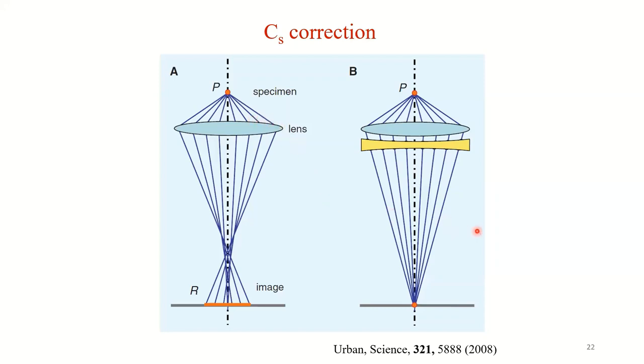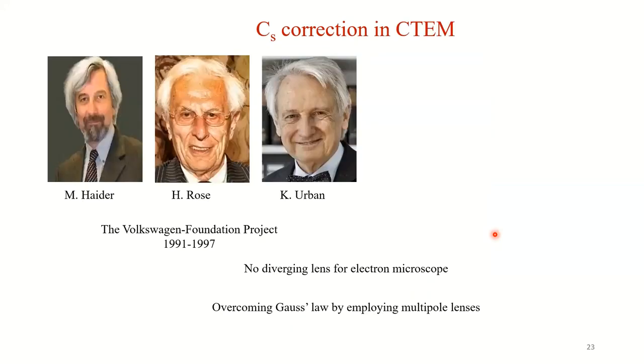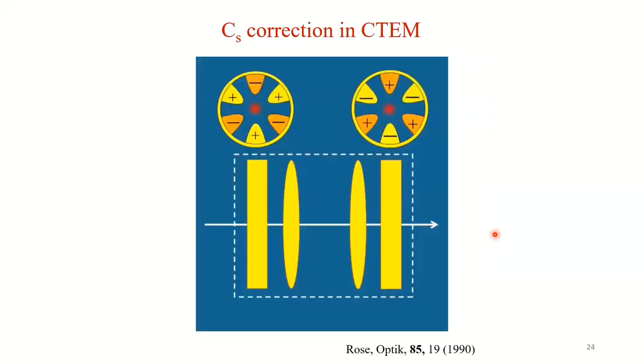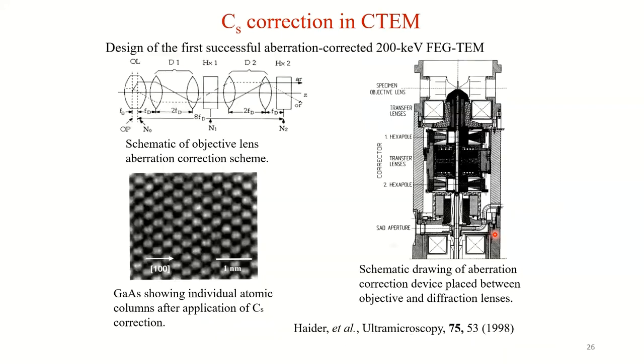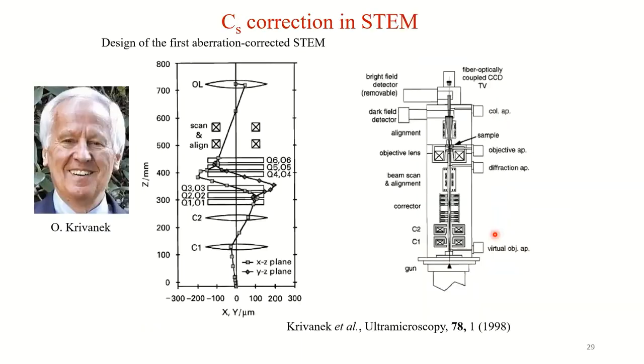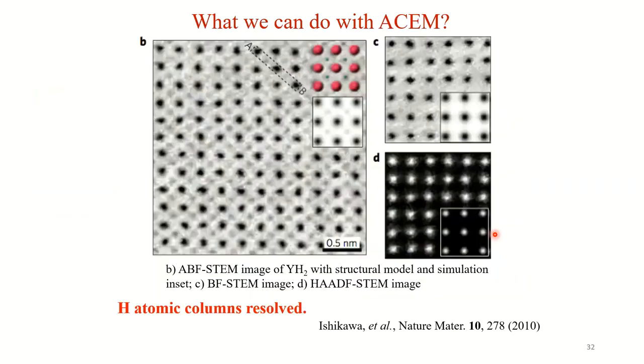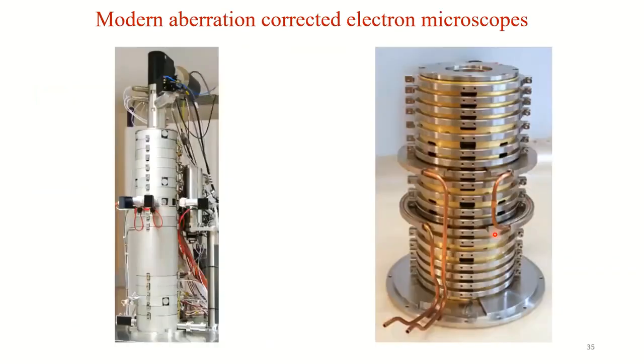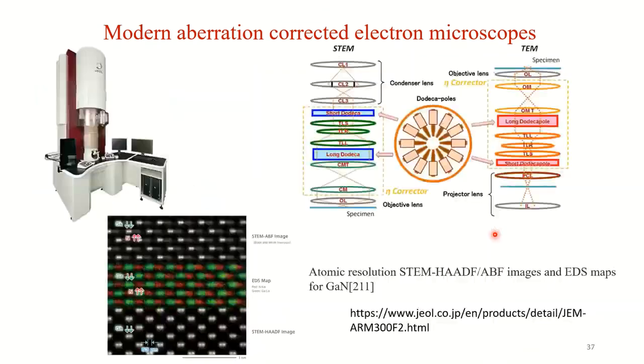And if you're familiar with Bragg's law, n lambda equals 2d sine theta, or 2d theta, so theta is inversely proportional to d spacing. So at higher angle, you have the finer sample details. So you have to work at higher convergence or collection angles. And that's why you have to correct the aberration, to increase the limit up to which you can extend your collection or convergence angle.